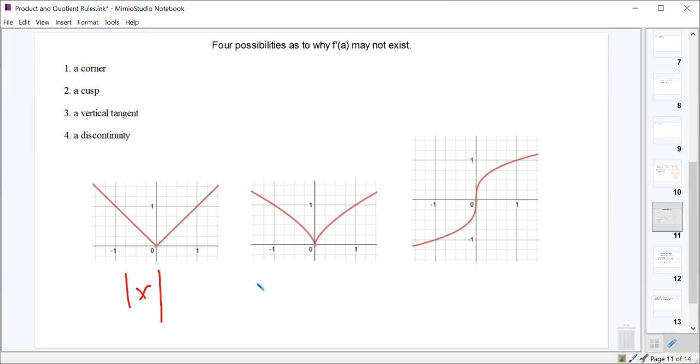Yeah, it's going to be the square root of the absolute value of x, not the absolute value of the square root of x, but the square root of the absolute value of x. Or this is also x to the 2/3 power. Those are a couple different graphs that could look like that. Hold on one second, and we'll talk about that.